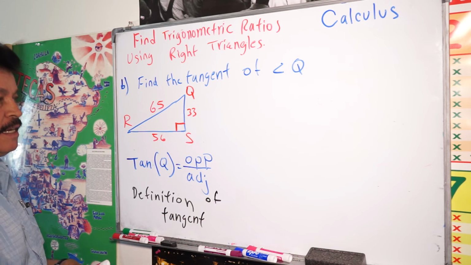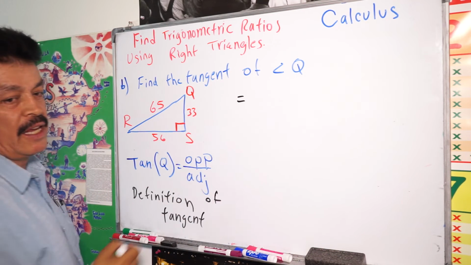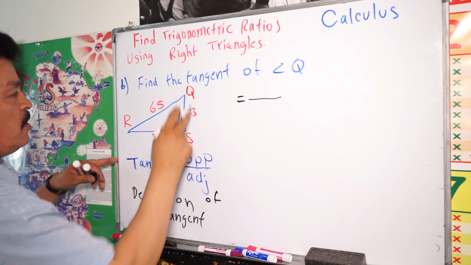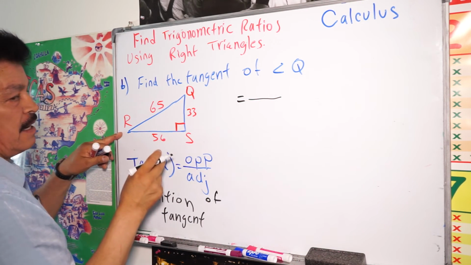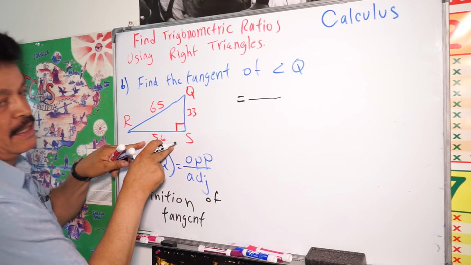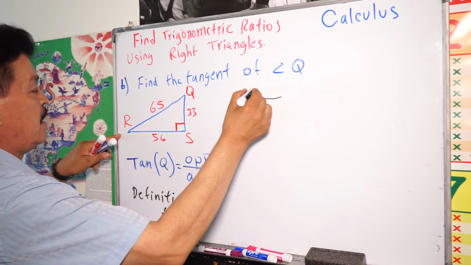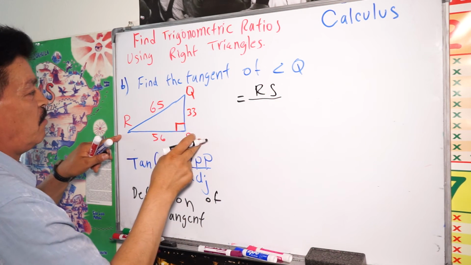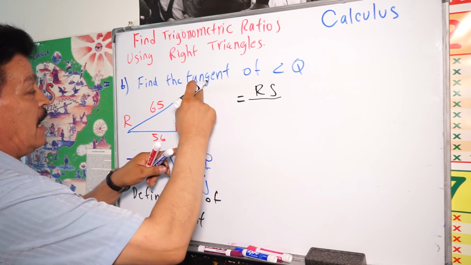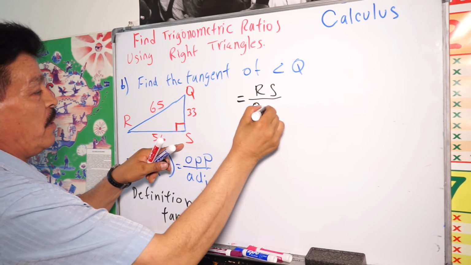Then the next step. Now, what is the opposite of Q? The opposite cathetus is RS, and the adjacent cathetus is going to be QS.